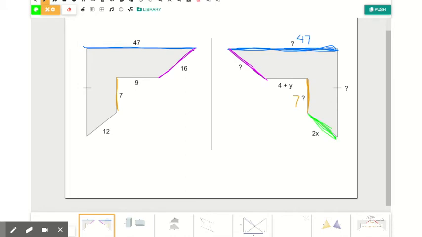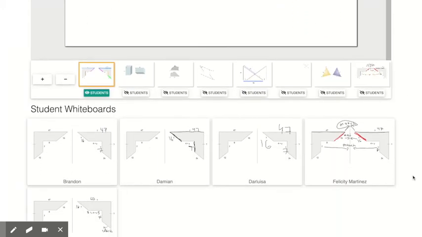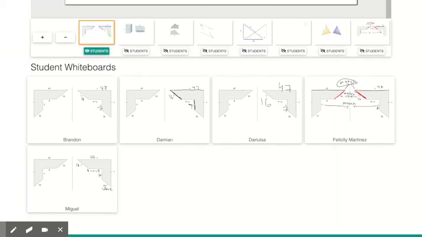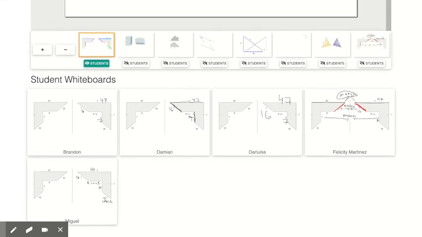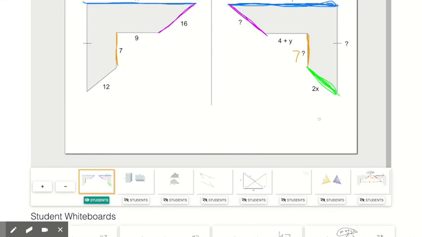But if you can look on my board, I'm going to look at 2x, and I want to know what matches with the side 2x. 12. Okay, so was that Miguel? Yeah. Thank you, Miguel. Yeah, so we have that 12 matches with 2x.